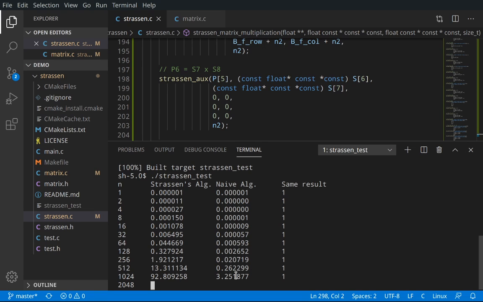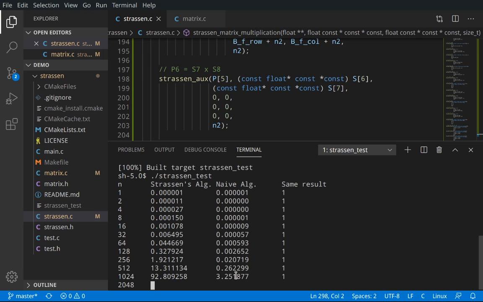Of course, there will be a size of the matrix for which our implementation of the Strassen algorithm will be better than the naive algorithm. But as you can see here, up to 1000 rows and columns, the naive algorithm is much better than the Strassen implementation we did.